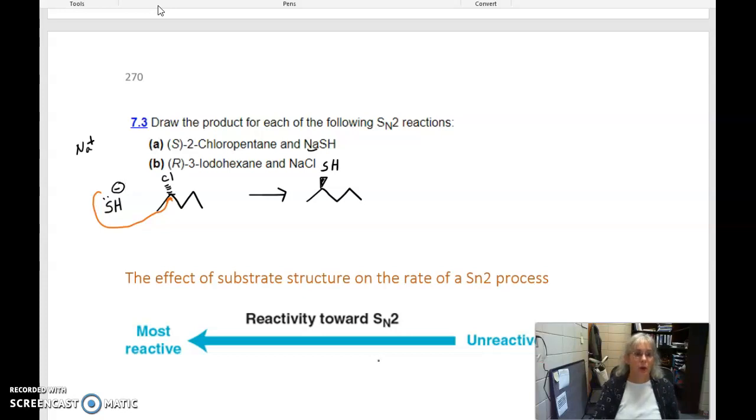Okay, so this was a wedge. This was a dash. The sulfur will be on a wedge. It's just flipped.